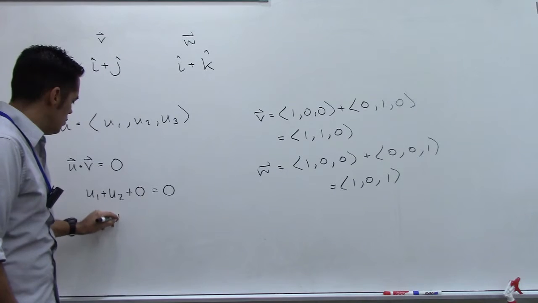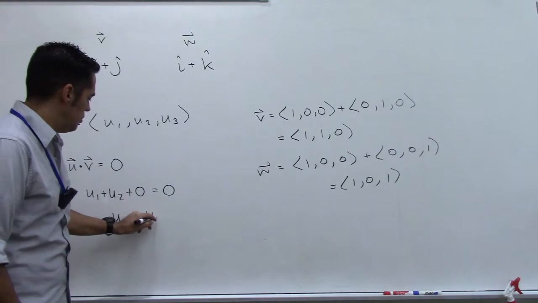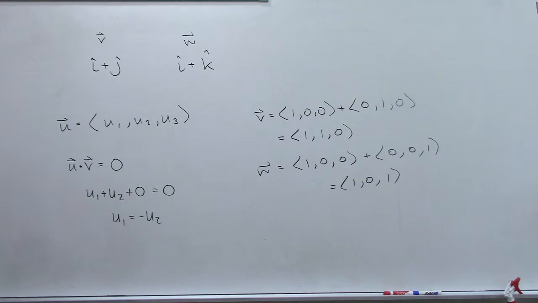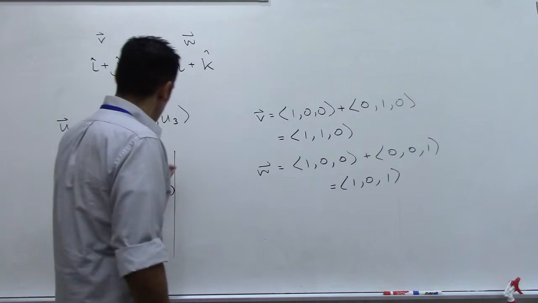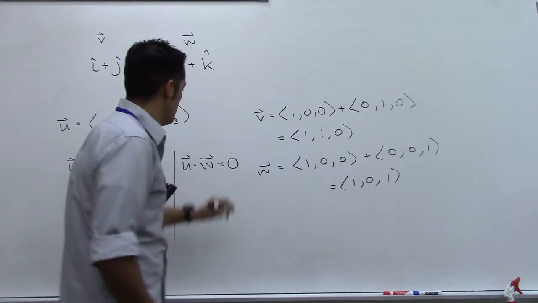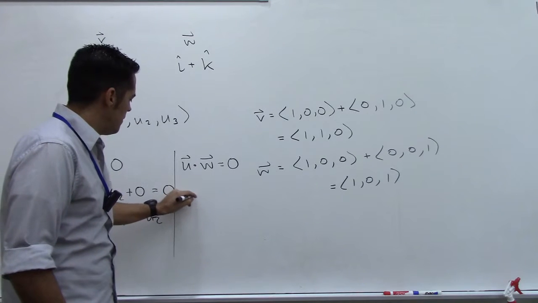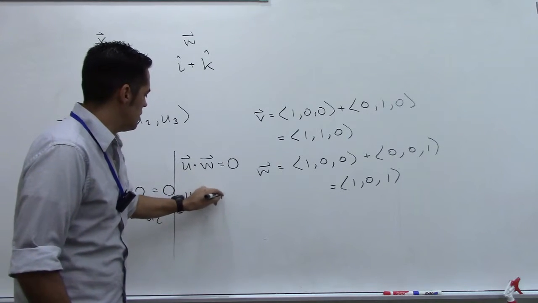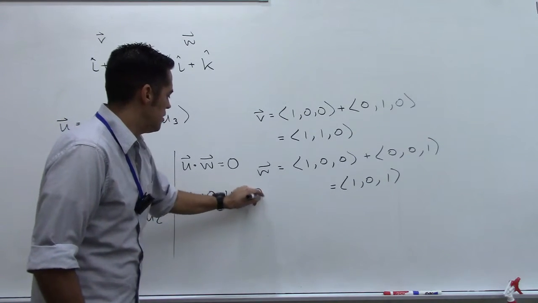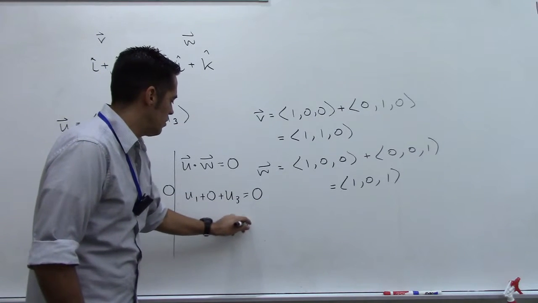So that means that u1, if I move things around here, must equal negative u2. All right, I also need that u dotted with w must be 0. So when I dot this with this, I get u1 plus 0 plus u3 must be 0. And solving for u1 again, I get u1 must equal negative u3.